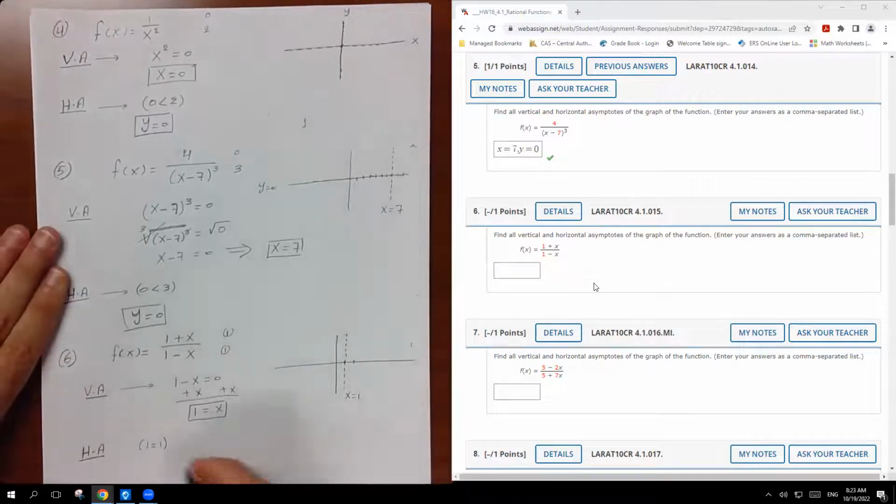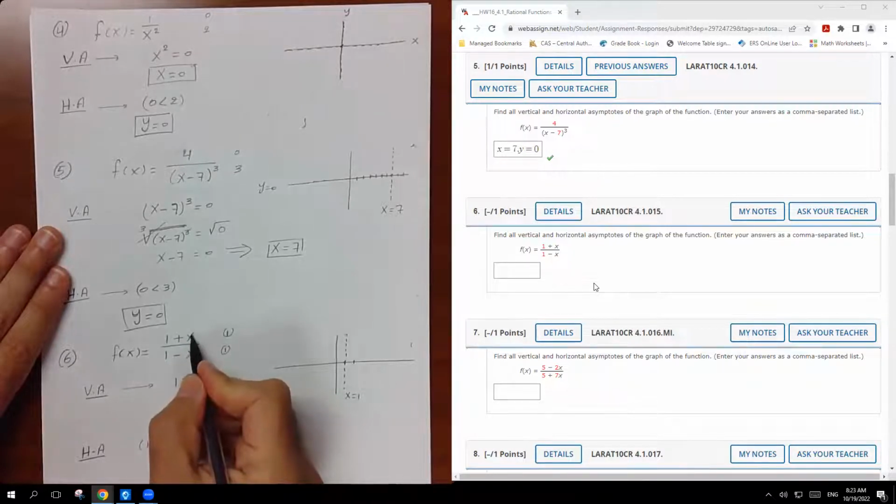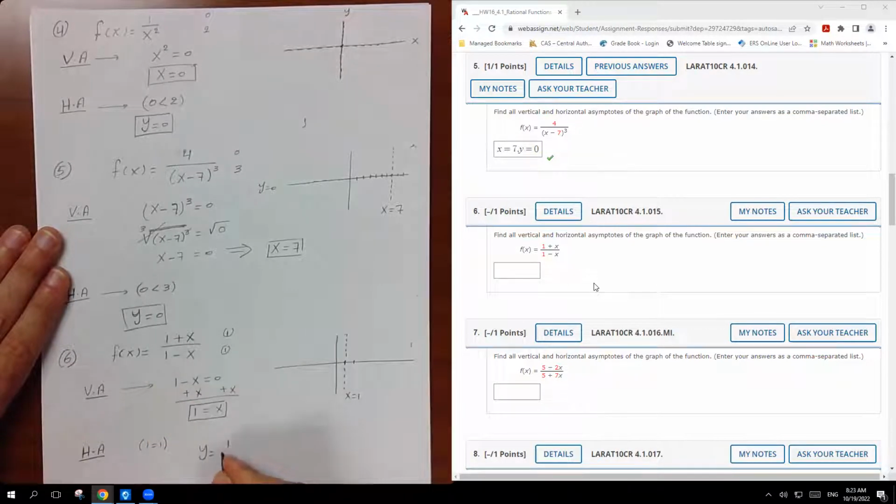So we're going to say y equals the leading coefficient. This is the degree. The leading coefficient, the number here, not the one here, is also 1. The leading coefficient on the bottom, the highest exponent of x here, is -1. That means y equals -1.